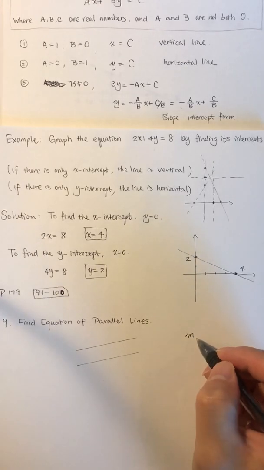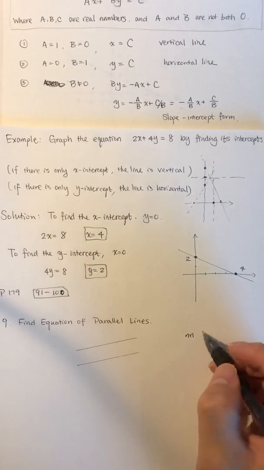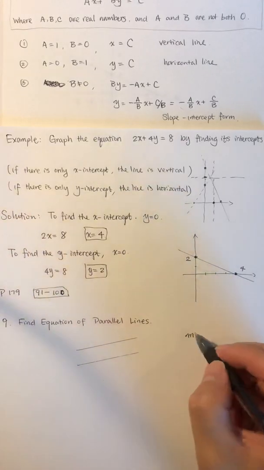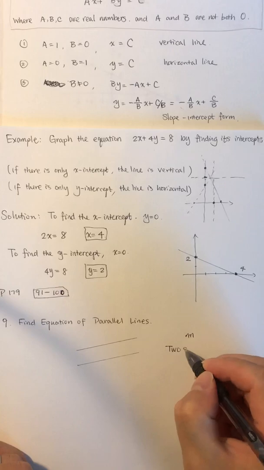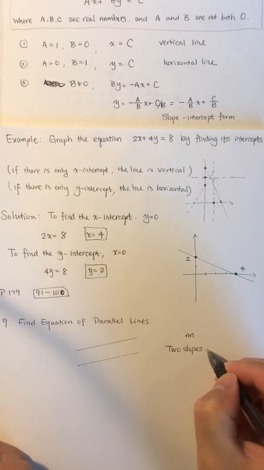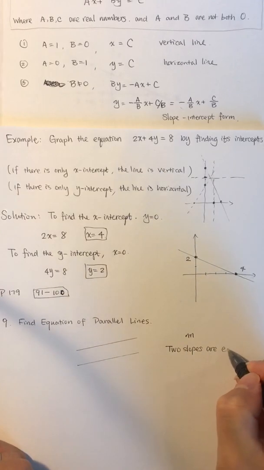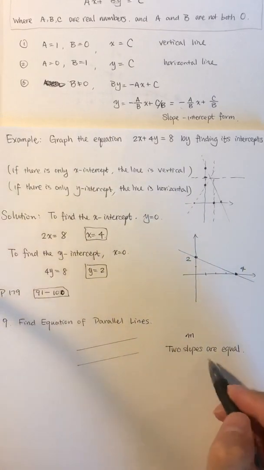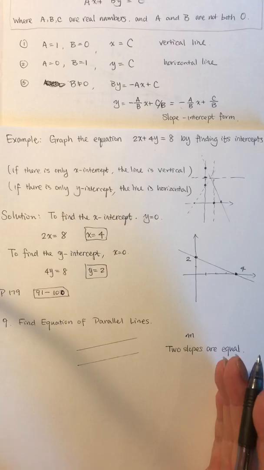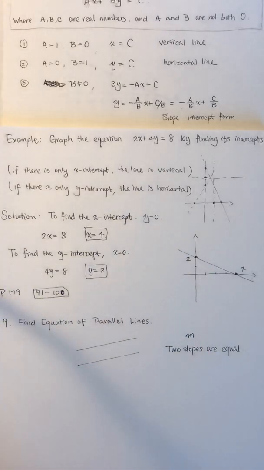We use slope to describe direction. So parallel lines means the slopes are the same. If you have two lines that share the same slope, then they will be parallel.